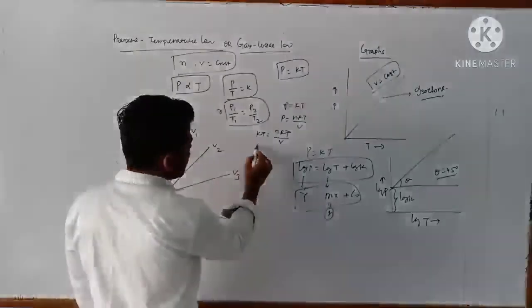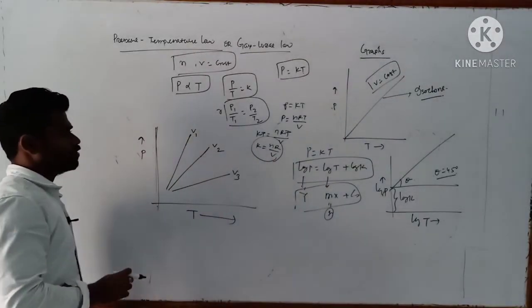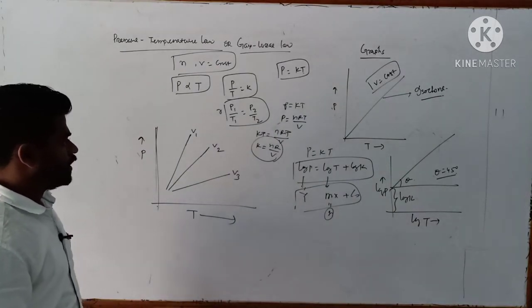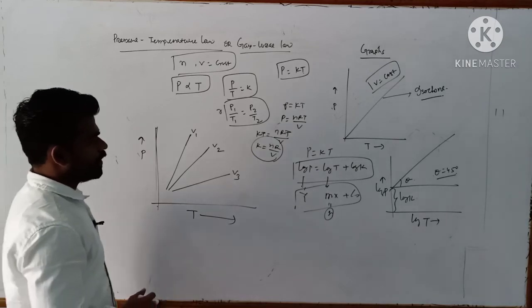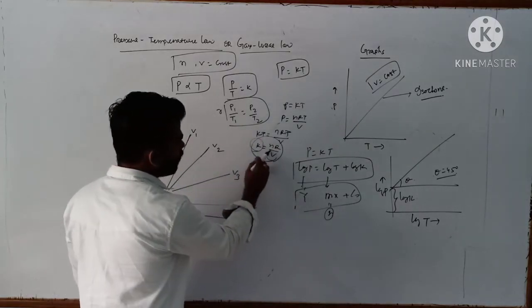So K is equal to nR upon V. So its value, slope K, depends upon volume V. So more the value of K, lesser will be the value of V.